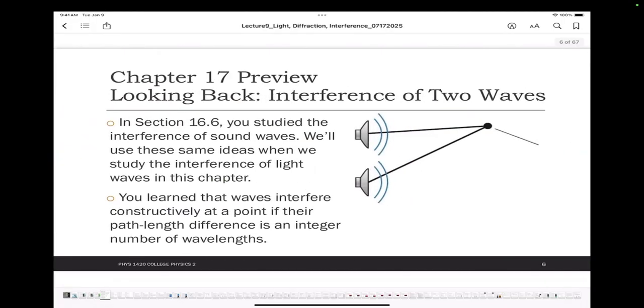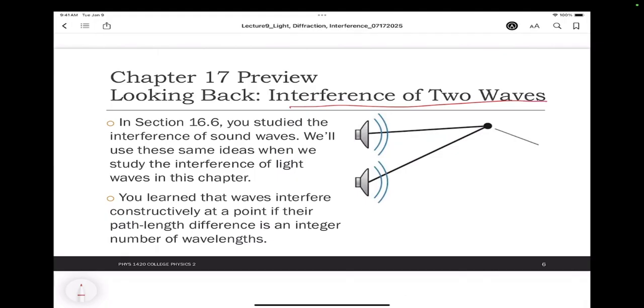Before we talk about chapter 17, let's look back at the interference of two sound waves. We have already talked about this in chapter 16. In section 16.6, you studied the interference of sound waves with two different loudspeakers. We will use these same ideas when studying the interference of light waves in this chapter.